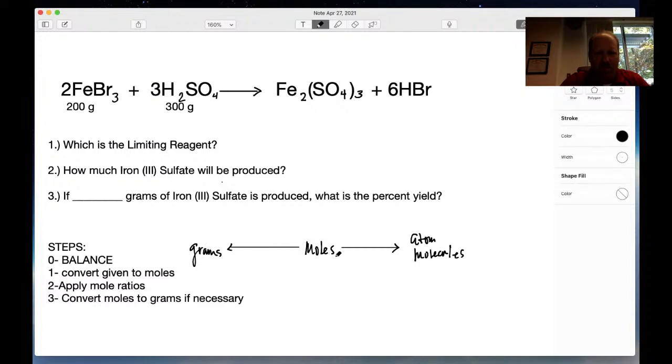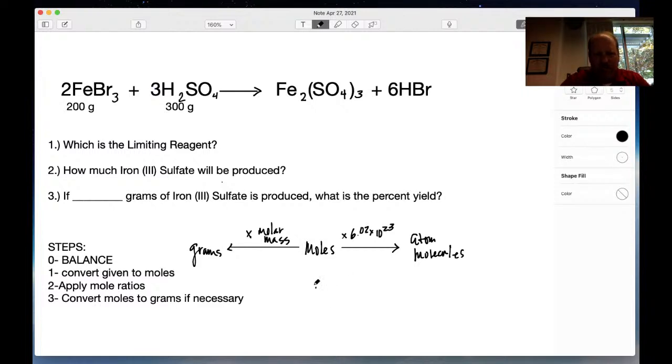And remember, if we're going away from moles, we're multiplying by the mass. And over here, we're multiplying by 6.02 times 10 to the 23rd. And down here, we will be multiplying by 22 liters of ideal gas at standard temperature and pressure.